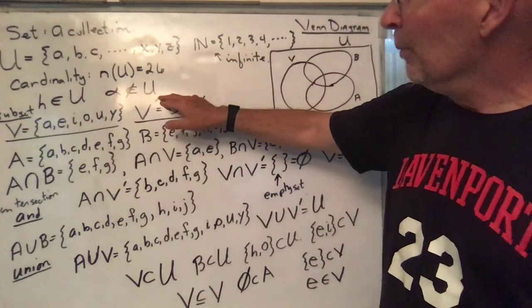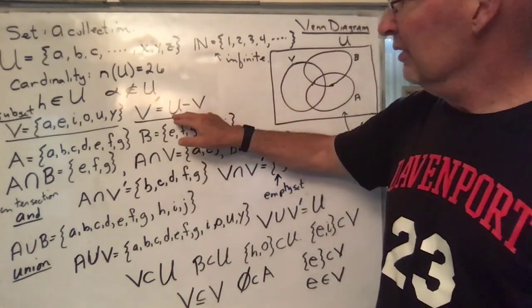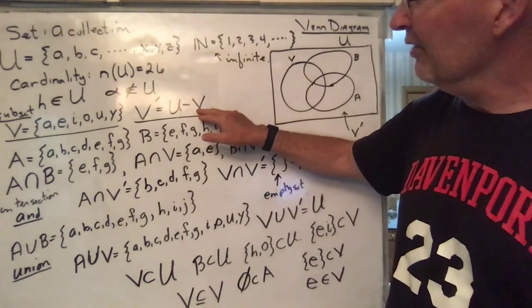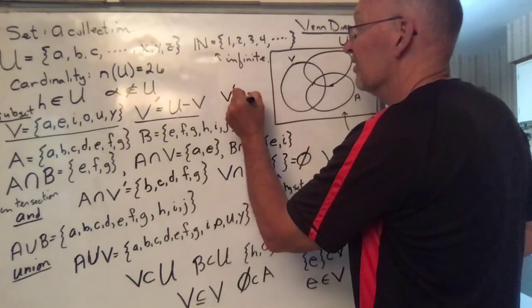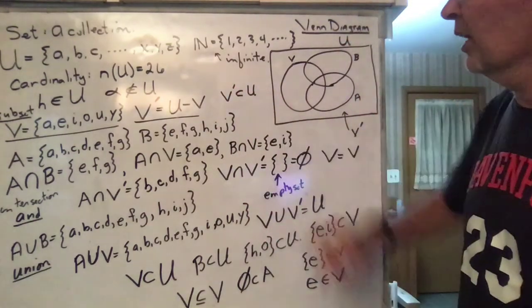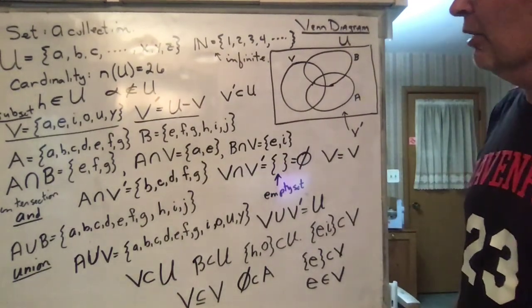The complement of V is everything that's in U but is not in V. So you start with U and you get rid of everything that's in V, and whatever's left over are the consonants. So you could also write V prime is a subset of U because everything in here is in there as well.